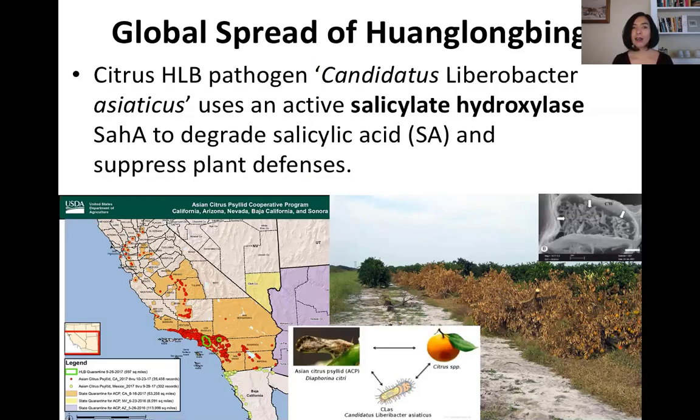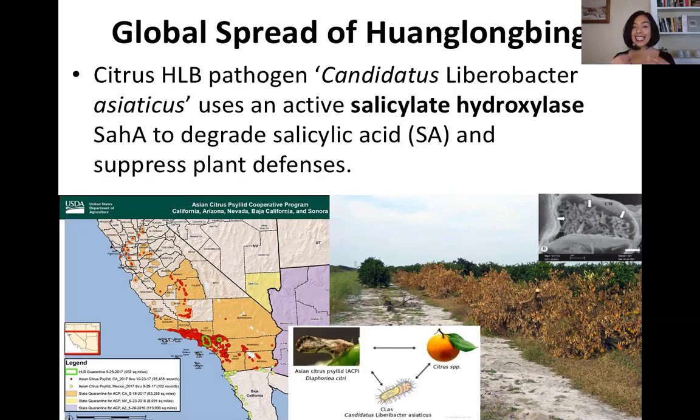It is the global spread of Huanglongbing, and that is a disease that is actually spreading in California in the citrus plants that we have, the oranges that we grow in California. This pathogen, a bacteria, is Candidatus Liberibacter asiaticus.